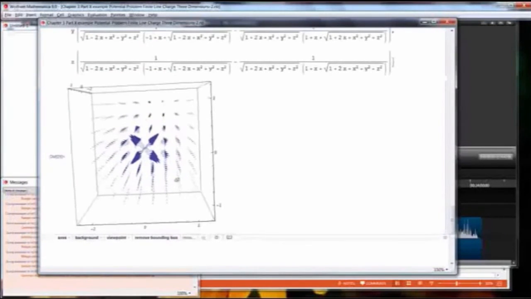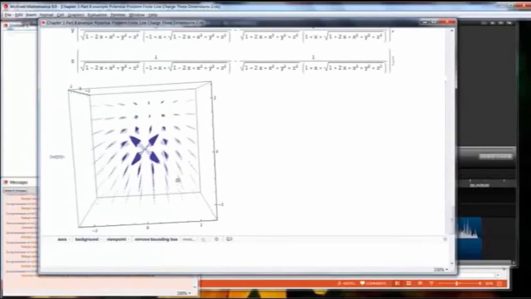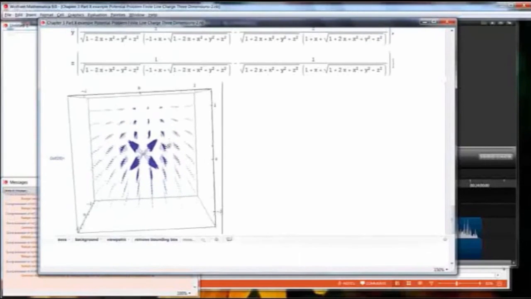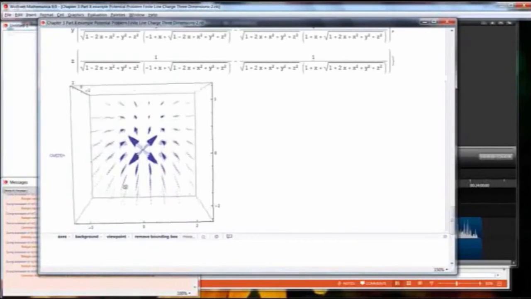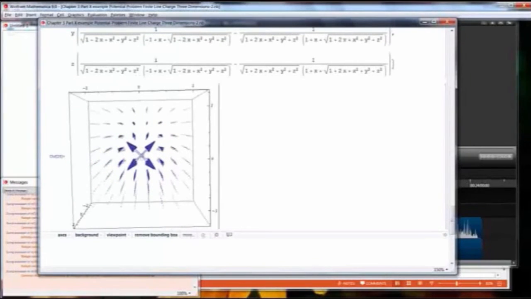So this would be looking right down the line charge. This is not easy. Okay, so right there we're doing our best. So the line charge is coming in and out of the paper, and the vectors, you can see that they have a tendency to curve a little bit here, and they're large right near the line charge, and then they fall off very, very quickly.